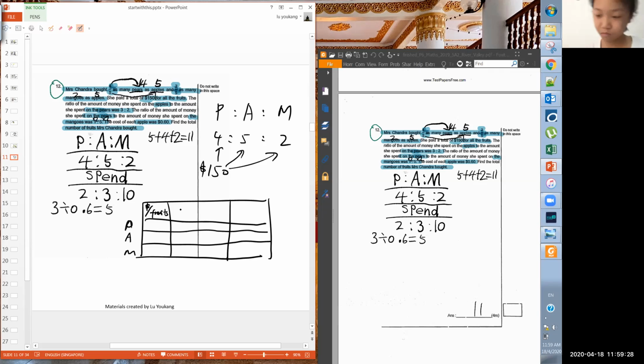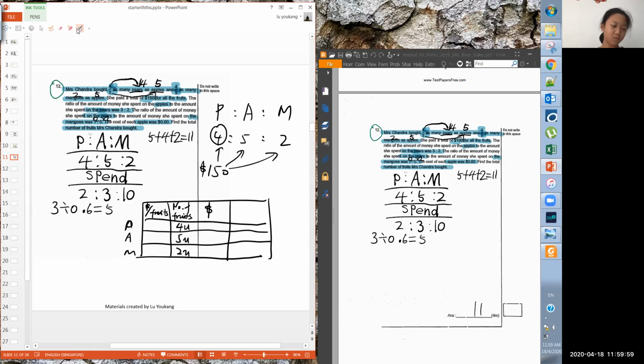Then here is number of fruits. So therefore here is total cost. So what is the number of pears? Yeah, 4U, right? Then apple is 5U. Then mango is 2U. And now it says she spent on the pears was 3 to 2.